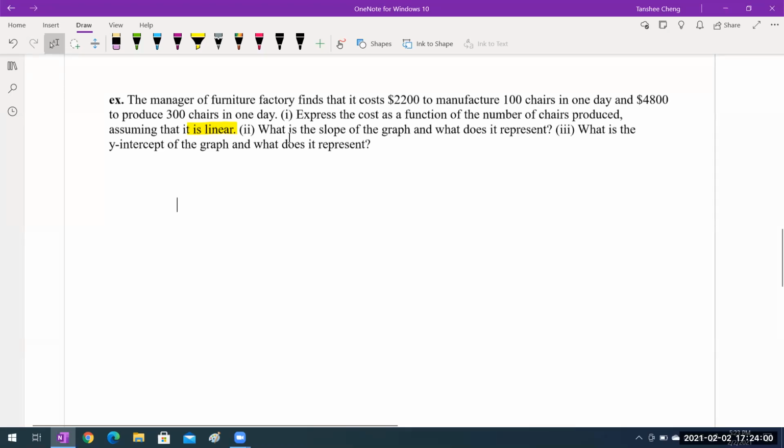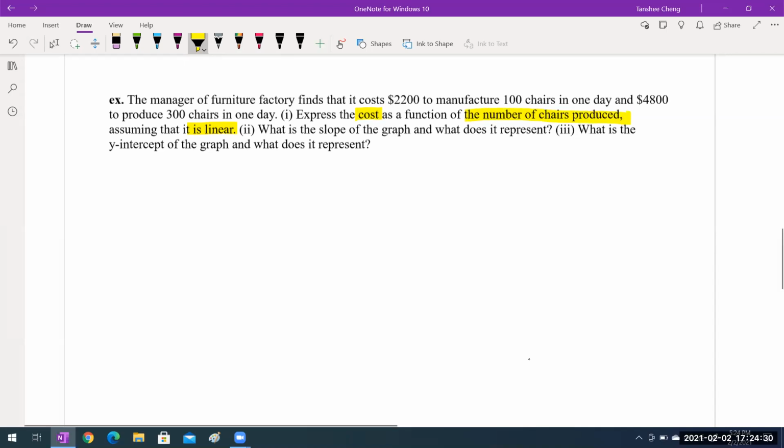So in this case, we know that this is a linear model. It's given to us. So the information that we have is basically two different data sets. But the key thing is you need to know what we want to write the function as of. So that is the first question: express the cost as a function of the number of chairs produced.